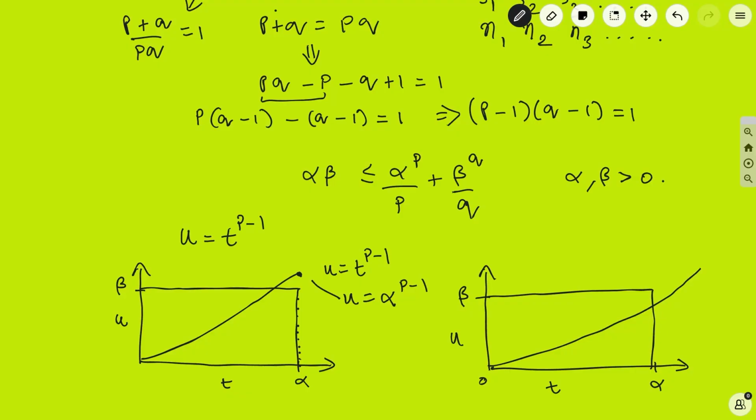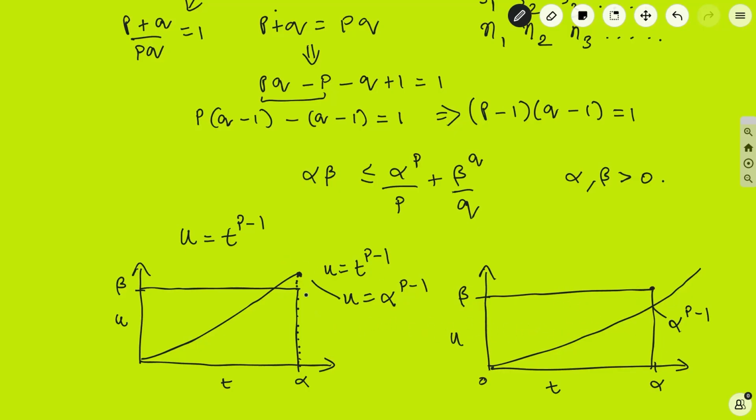So this point is alpha to the power p minus 1. It is actually less than beta. So these are the two scenarios. Either it can be above the point beta or it can be below the point beta. Well, it can also be equal to beta. That's also possible. But let's look at these two cases.